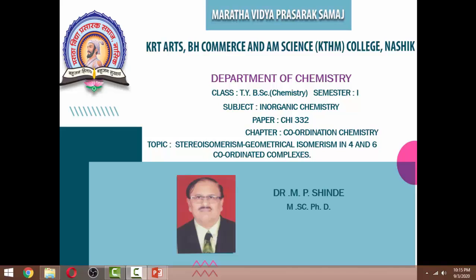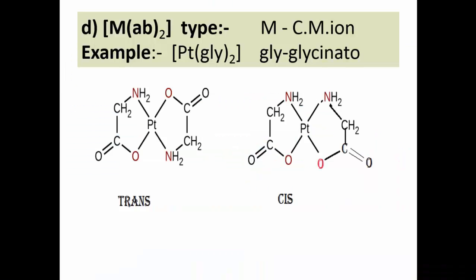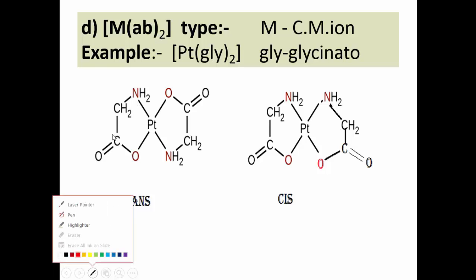Let us continue the remaining types of geometrical isomerism in coordination compounds. So see, this is the next type of geometrical isomerism observed in such type of complexes. The type of this complex is MAB2, where AB is nothing but a bidentate ligand.